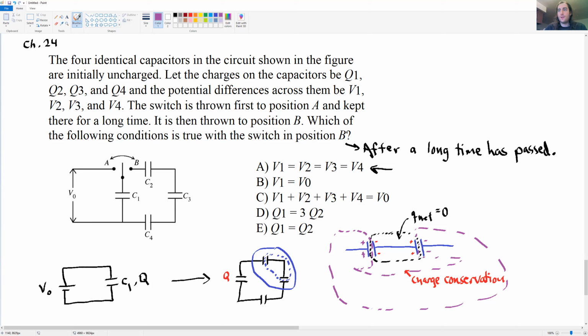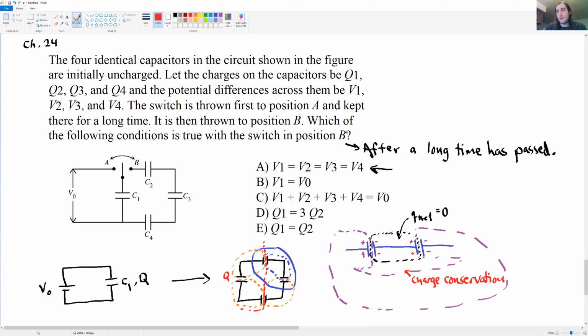Okay, so if I draw this Gaussian surface here in orange, I can draw this one here, right? I can draw that surface. I can draw this surface here, right? And I can draw this surface here, right? And I could even draw some slightly more elaborate surfaces to show that even the plates on opposite ends have to be the same.